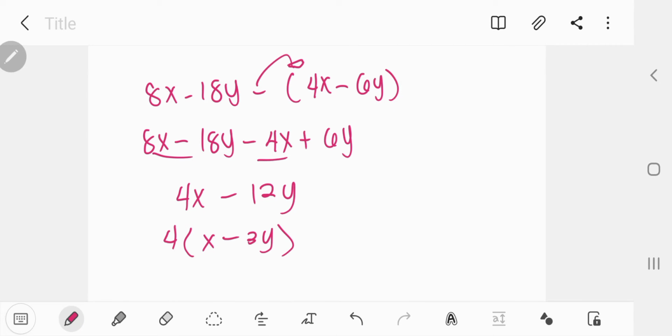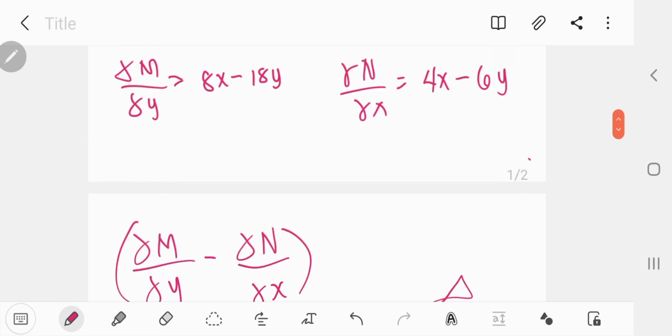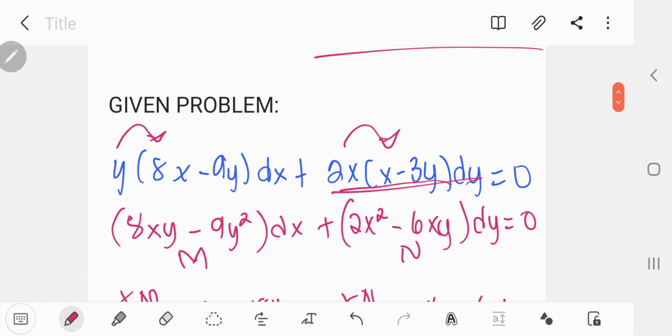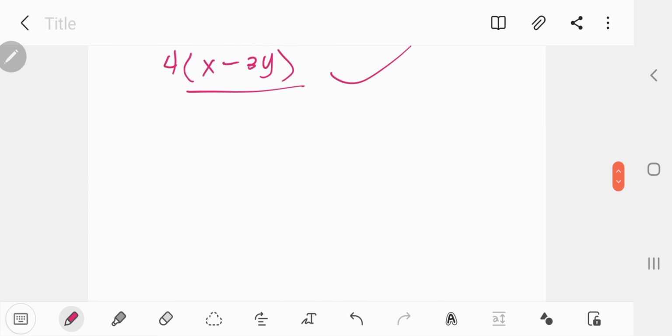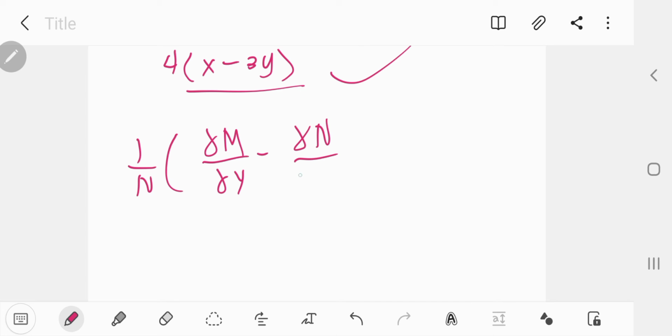Now we notice that this is equal to this part. So let us have 1 over N times the partial derivative of M with respect to y minus the partial derivative of N with respect to x.